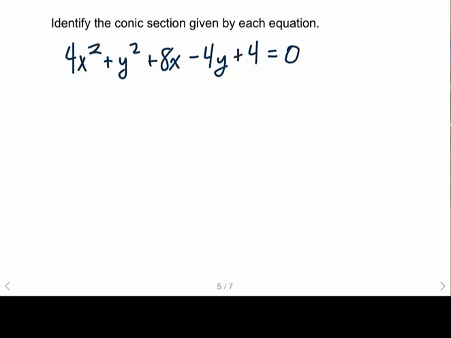Next, our equation is 4x squared plus y squared plus 8x minus 4y plus 4 equals 0. Gosh, that's a lot. Don't look at it all. Look at the x squared and y squared terms. 4x squared plus y squared. They have the same sign. They're different numbers. We have an ellipse.